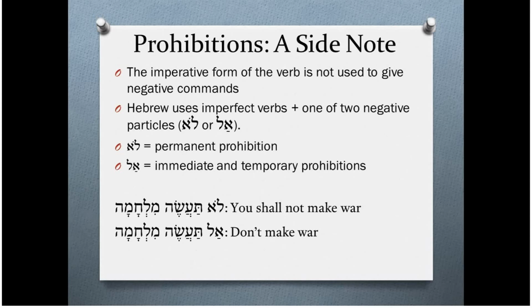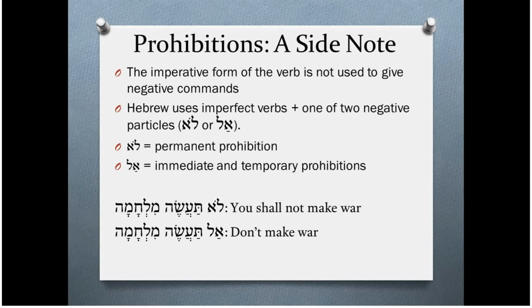And the prophet would most likely not say, lo ta'aseh milchama, thou shalt never make war. There are no pacifistic prophets, at least not the way that categorically condemn war, or all violence for that matter. They would most likely say, al ta'aseh milchama, don't make war at this time.